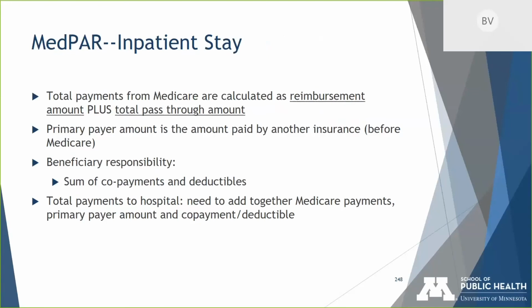There's also a field called primary payer amount. That would be the amount that's paid by another insurance before Medicare. Now, if someone has a car accident, for example, it may be that an auto insurer will pay for that hospitalization. So you may see things where there's a primary payer amount that's filled in and then the Medicare amount is zero.